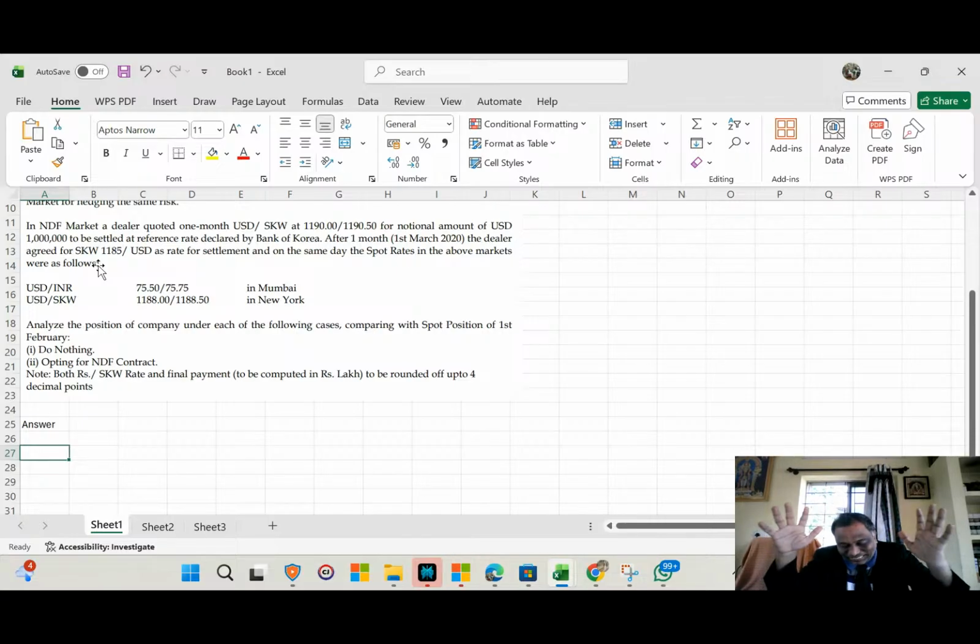The known component is 11,900 lakhs of South Korean won.